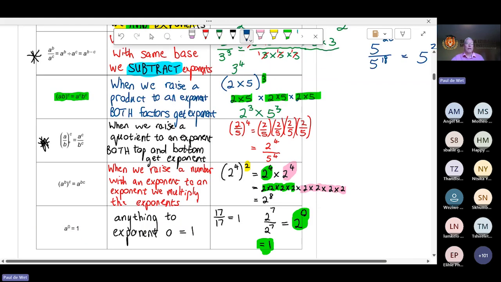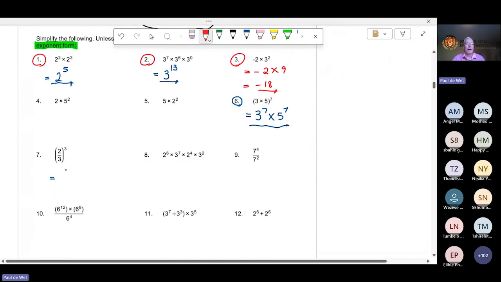When we've got a fraction raised to a power, both things get the power. A over B to the exponent of C: the A gets a C and the B gets a C. So the answer here is 2 to the power of 3 over 3 to the power of 3.